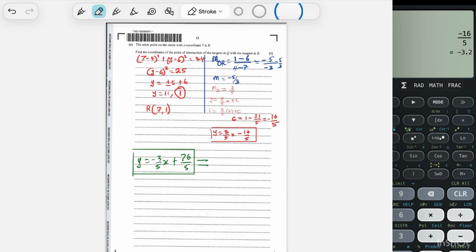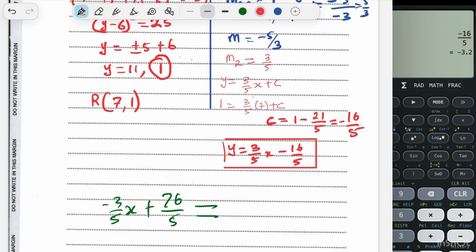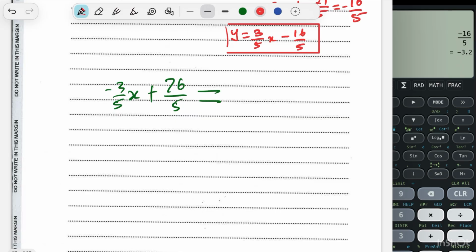I just remove the y because I'm equating them, so the y's are the same. This will be minus 3 over 5 x plus 76 over 5 equals 3 over 5 x minus 16 over 5. What is the easiest way to solve this? I just multiply everything by 5 to get rid of the denominator. So this will be minus 3x plus 76 is equal to 3x minus 16.